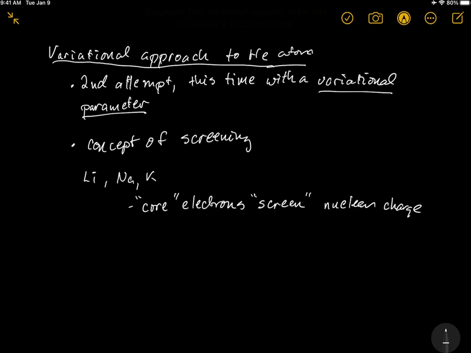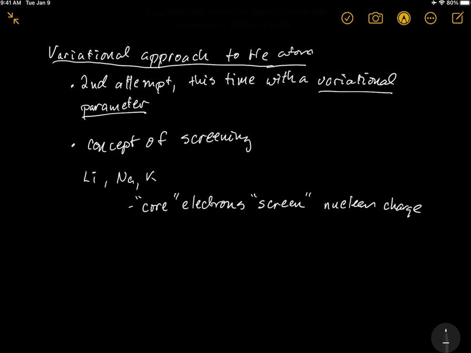Similarly, sodium would have core electrons in the 1s, 2s, and 2p orbitals. Then there would be a single electron in a 3s orbital. Again, that outer electron, which dominates its chemistry, is going to be screened by these core electrons that are closer to the nucleus.